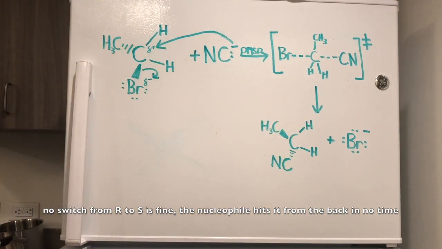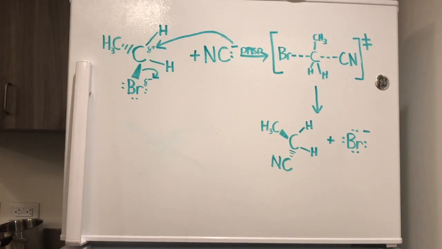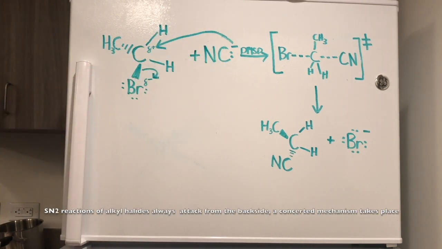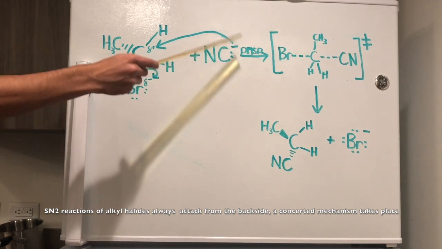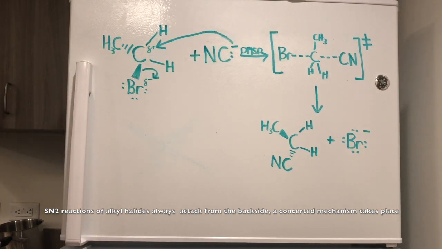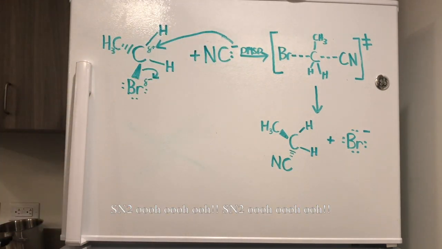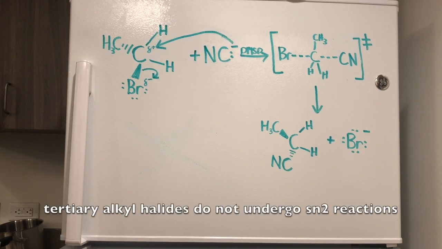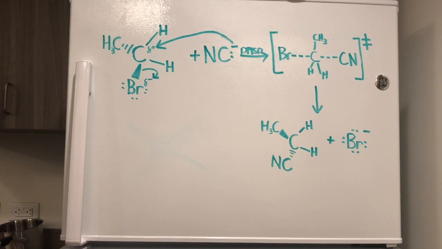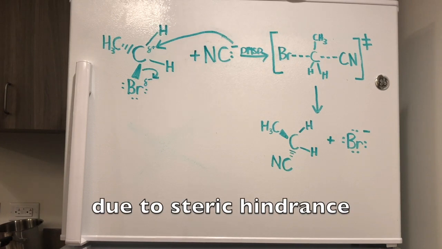The nucleophile hits it from the back in no time. SN2 reactions of alkyl halide always attack from the backside. A concerted mechanism takes place. SN2. Tertiary alkyl halides do not undergo SN2 reaction due to steric hindrance.